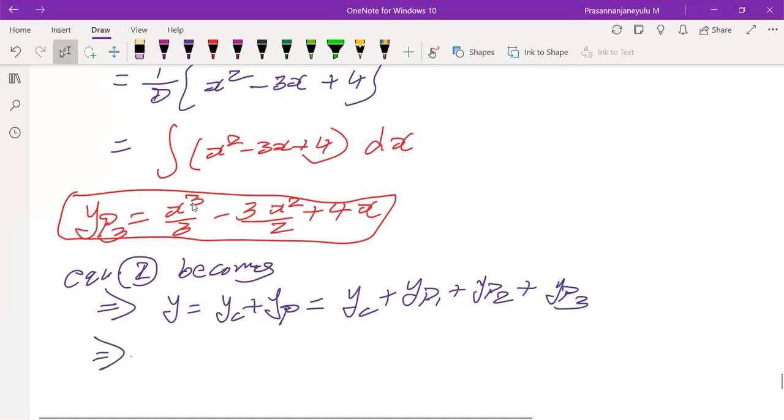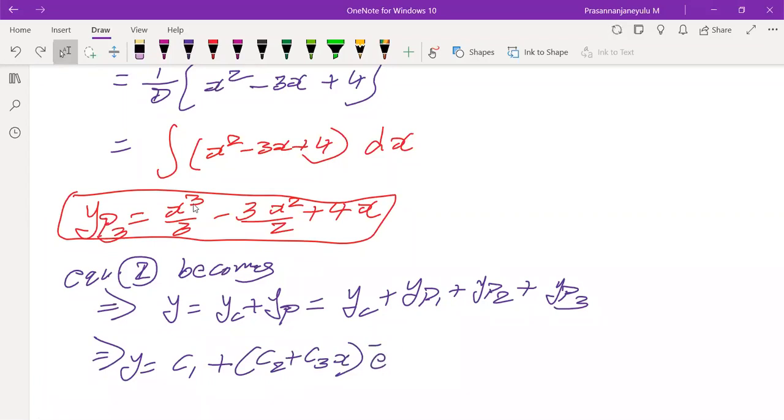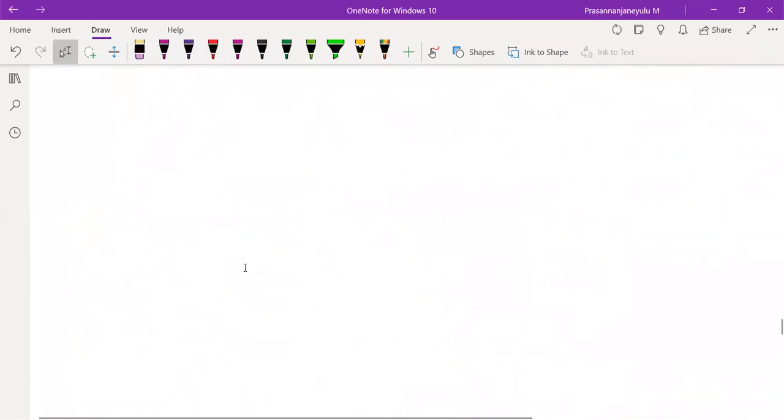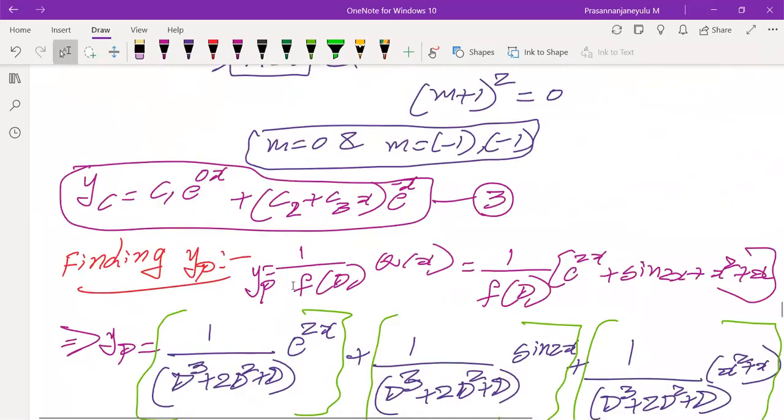Now y equals yc, which is c1 into e power 0x, that is c1 only, plus (c2 plus c3x) into e power minus x. So this is our yc. Check. What is the yc we got? c1 into e power 0x, nothing but 1 only, c1, plus (c2 plus c3x) into e power minus x. The e power minus x exists only for c2 plus c3x.